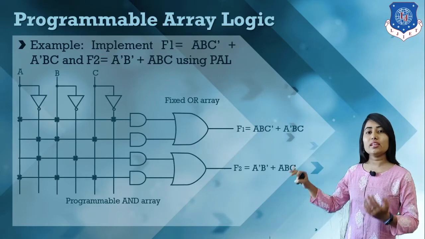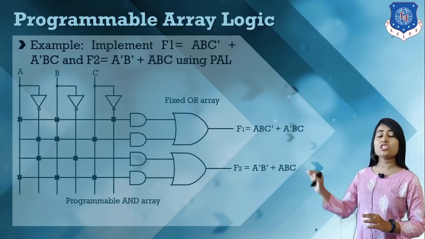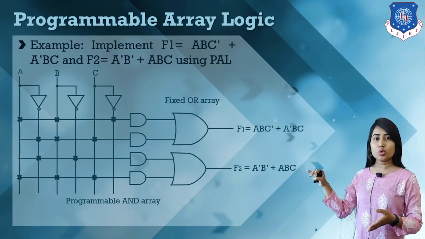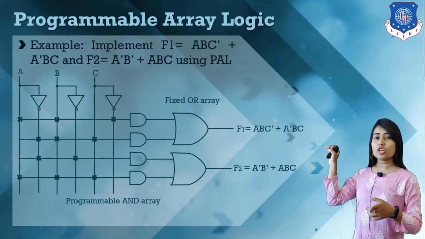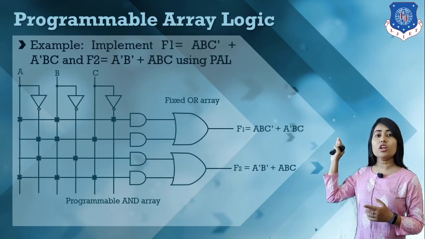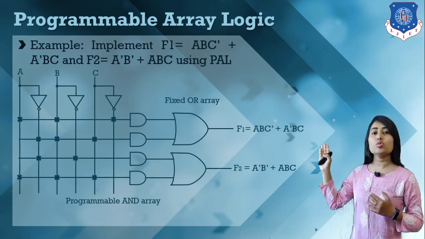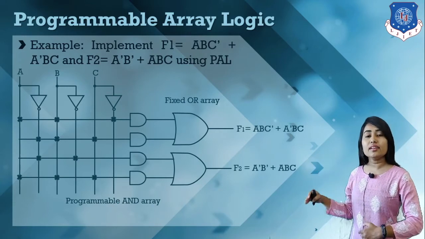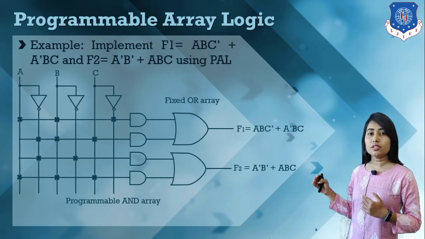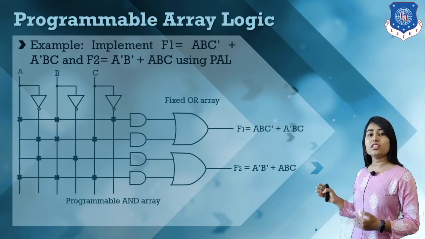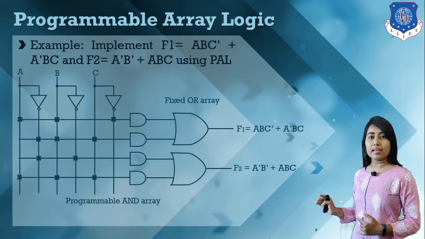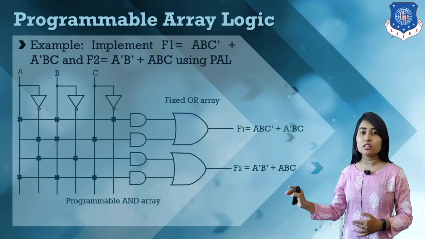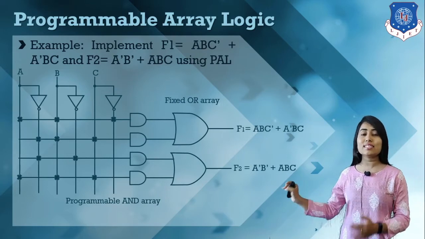Here we connect A dash, B, C, and the output of these 2 AND gates is given to our OR gate. So in this OR gate we have our logical function F1 is equal to A B C dash plus A dash B C. And in the second OR gate we connect the third and fourth AND gates, in which the third AND gate has A dash, B dash.